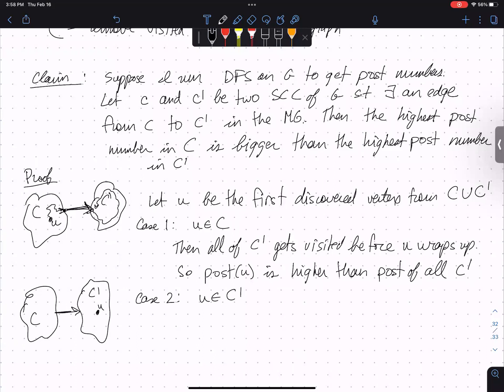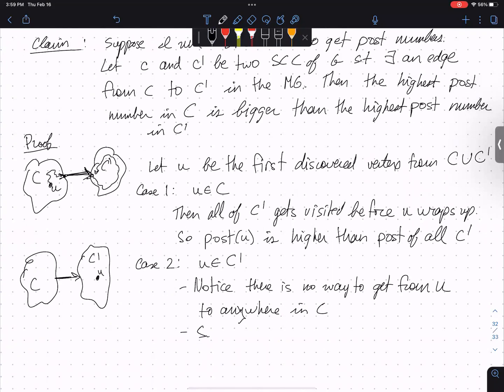In particular, there is no way to get from U to anywhere in C, because if there is, we would create a cycle. That means U wraps up.